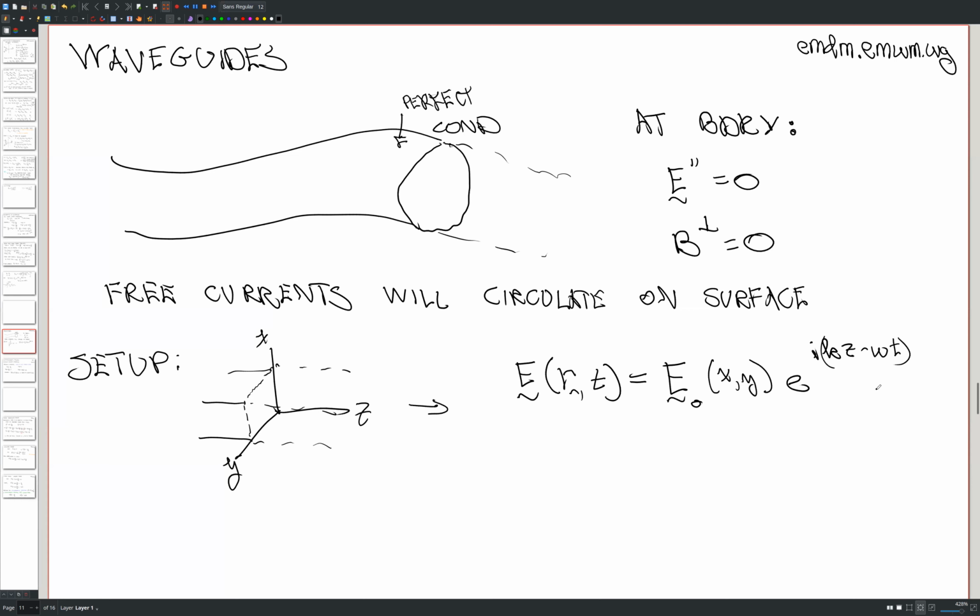So it's filled with vacuum, and therefore the relationship between K and omega is that omega is equal to CK, as per waves in vacuum. It's just now a bounded vacuum. And then the same thing for my magnetic field B: it's a B0 again of XY, e to the i(kz minus omega t).